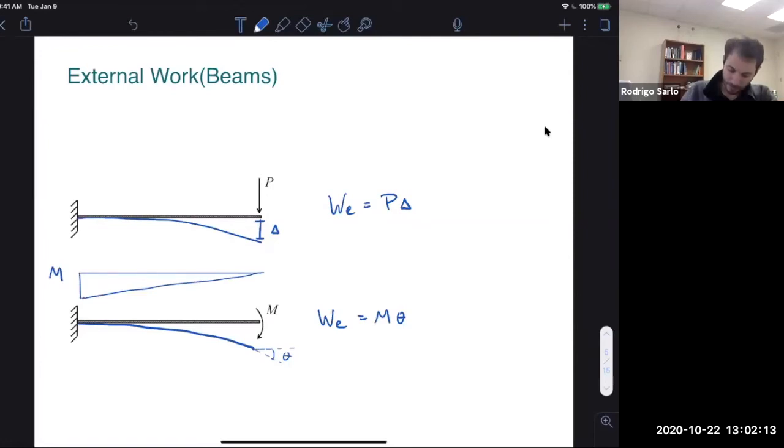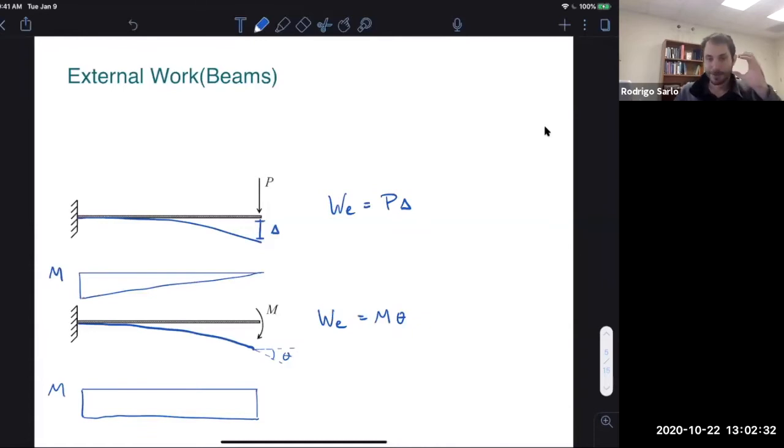Whereas for this one, there's going to be a reaction moment, and there's going to be a moment here as well, okay? So it's going to create a constant moment across the beam. So the deflections will look similar, but they won't be exactly the same.